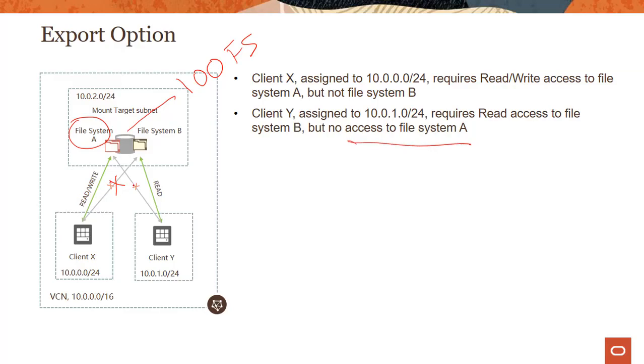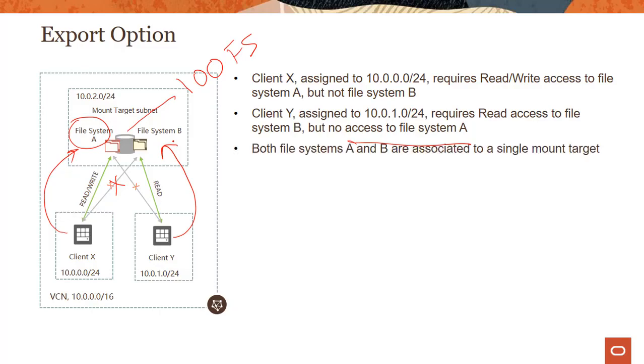On the other hand, client Y has read access to file system B, but no access to file system A, right? So if this export option was not available, you could either open this client access here, or open this client access here, and they could access every file system, right? There is no granular set of access permissions you could specify with your security list.